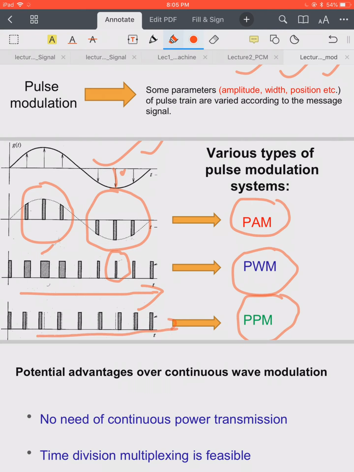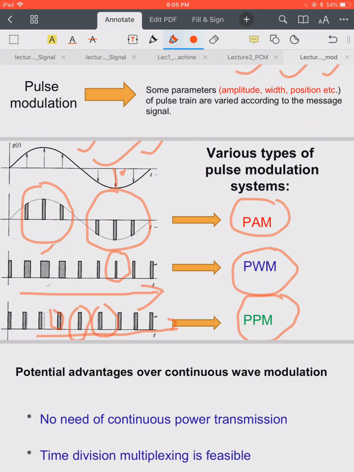Here you can see the positions of these pulses are varied according to the message signal. Each of these pulse positions is varied from the reference point according to the message signal's magnitude.